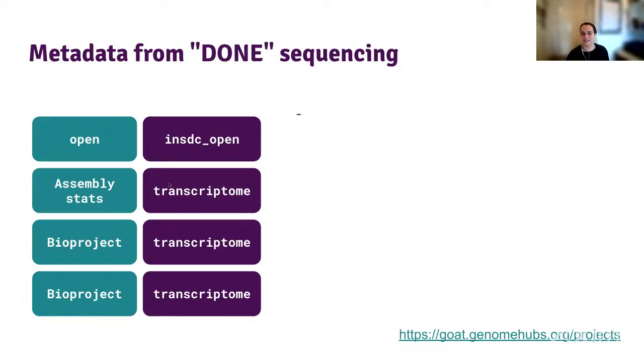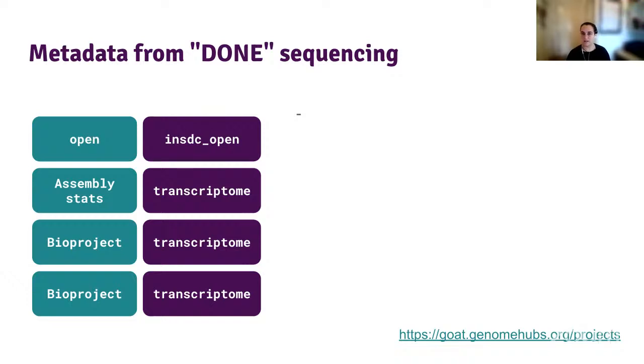So this is the slide that I was at. GoaT also collects metadata from DOM sequencing. We have INSDC open, which is all of the assemblies that are present on INSDC, so have reference assemblies. We have open for those where some sequencing data is published in different places.